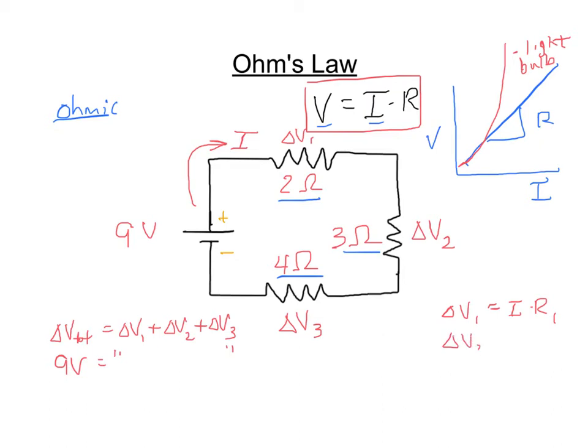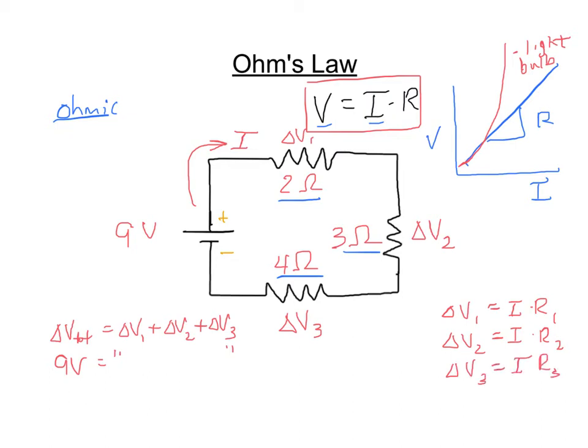Using Ohm's law again, the change in voltage across resistor 2, the loss of energy, is equal to the current that passes through that second resistor times the magnitude of that second resistor. And then likewise for V3.